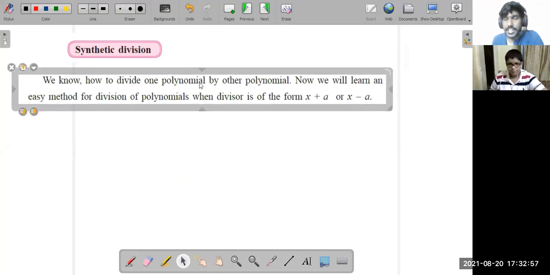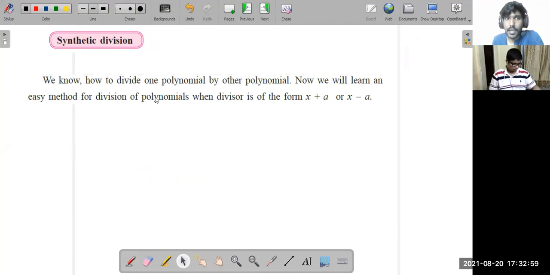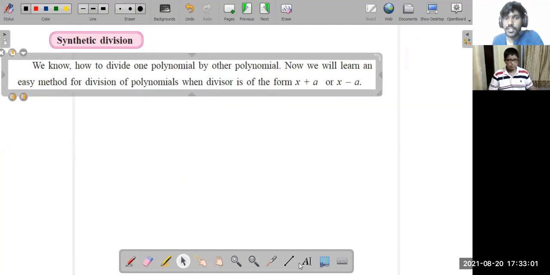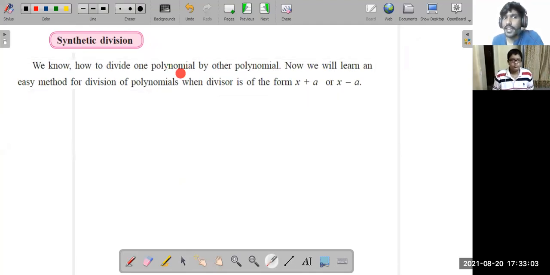Next is synthetic division. Now, what is synthetic division? Synthetic division is dividing a polynomial by another polynomial, where the divisor is of the form x plus a or x minus a.